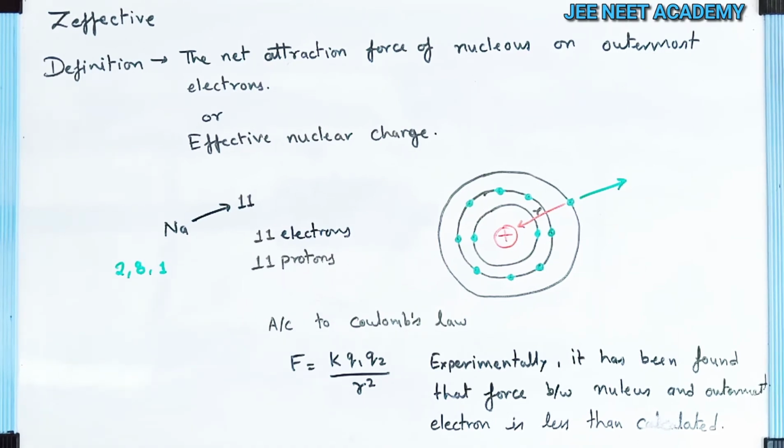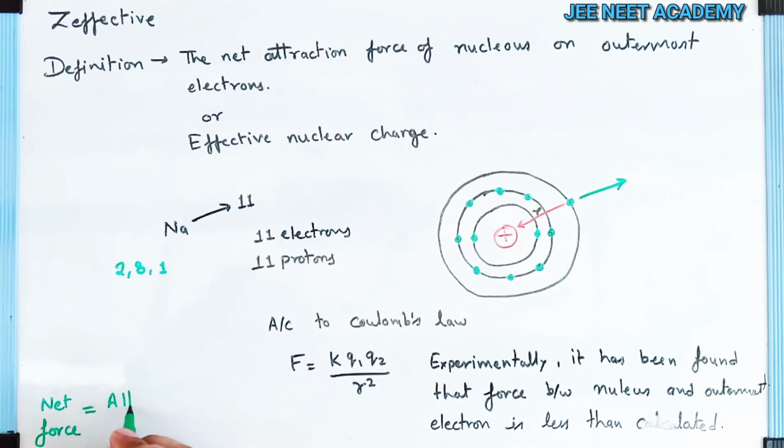So the net force of attraction will be less than the calculated force of attraction. And this net force is called the Z effective. Net force is equal to attractive force minus repulsive force.